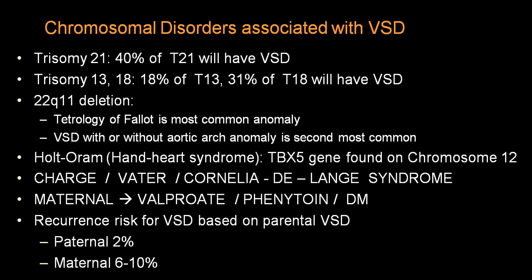Holt-Oram syndrome, called hand-heart syndrome, is also one of the common causes. You can have other varieties like CHARGE, Cornelia de Lange syndromes. If a mother is on sodium valproate, phenytoin, or has uncontrolled type 1 diabetes, it can also lead to ventricular septal defects.